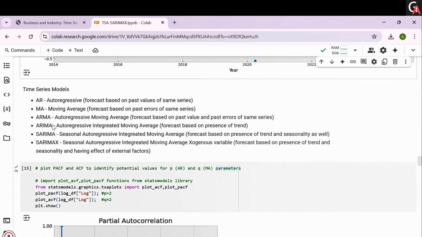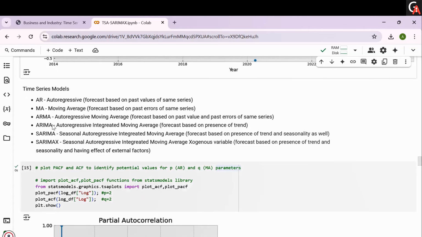Now, there are various time series models available like AR, MA, ARMA, ARIMA, SARIMA, and SARIMAX. So what does that stand for? AR means autoregressive. Autoregressive means it will forecast future values based on the past values of the same series. MA means moving average, which means it will forecast the future values based on the past errors.